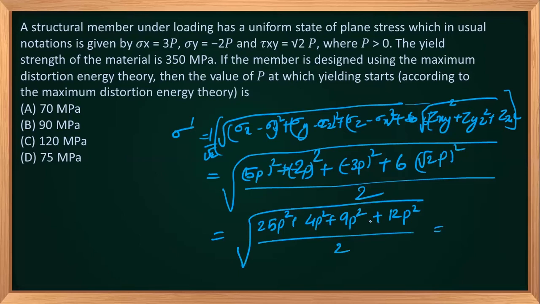This will be 25 plus 4, 29 plus 9, 38 plus 12, 50.